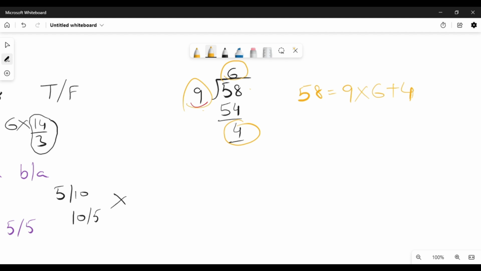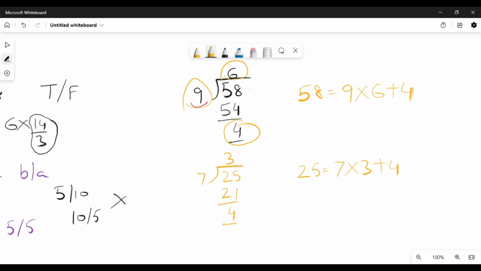Let us take some other number. If I want to divide 25 by 7, 7 fours are 28, so less than that is 7 threes are 21. What remainder will I get? 4. Now again I can write 25 as 7 into 3 plus 4.